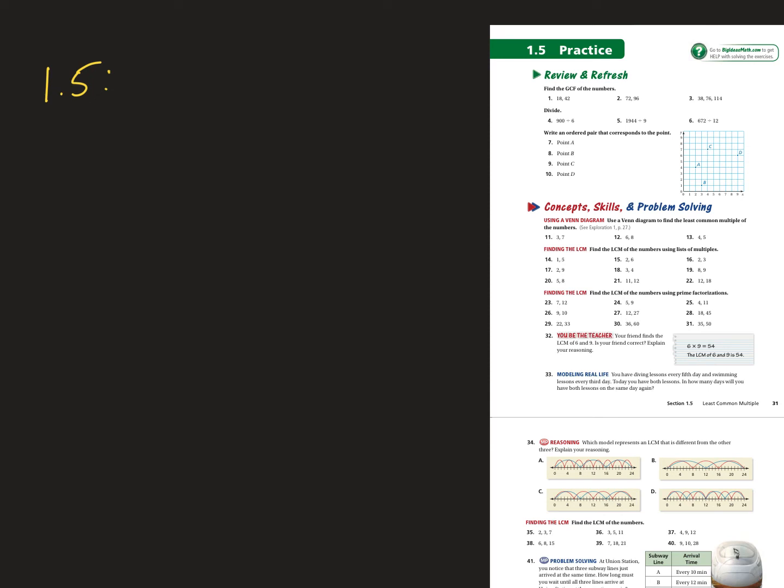Section 1.5 is going to be our last section in Unit 1, and 1.5 is going to be about LCM. Similar to GCF, LCM are three letters that stand for something. The L stands for least, the C stands for common, and the M stands for multiple.